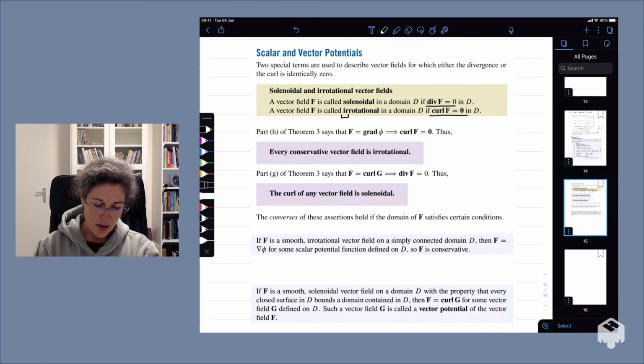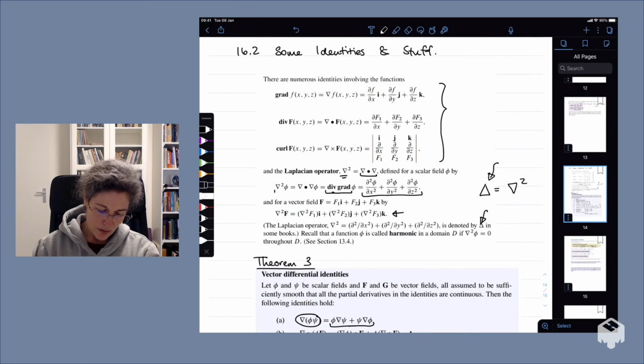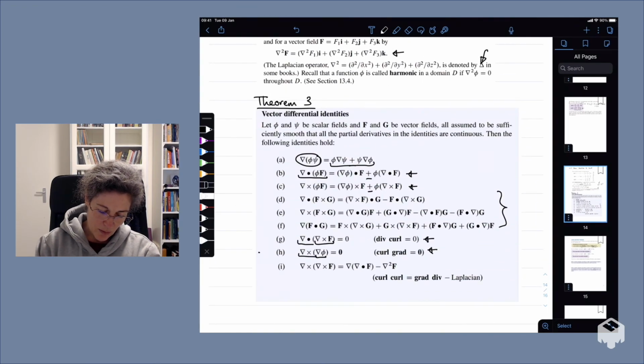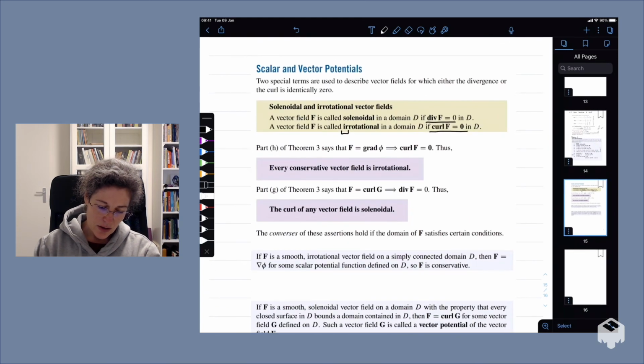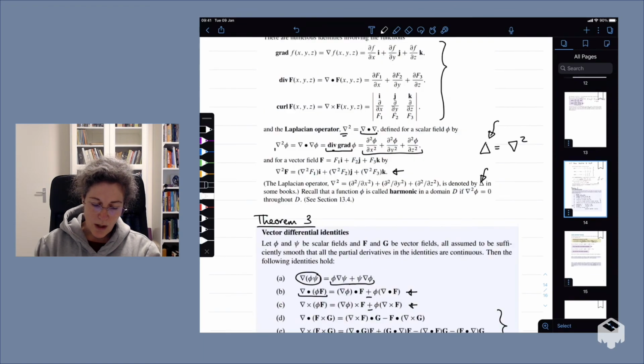And if we go back to our previous notes, if we look at part H, which is this bit over here, this says that every conservative vector field is irrotational. Why?